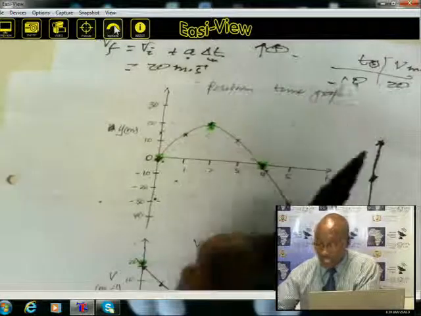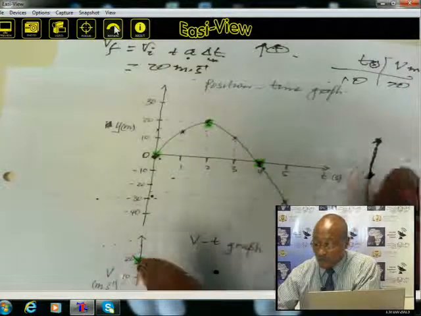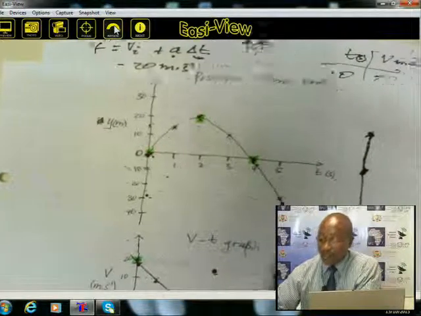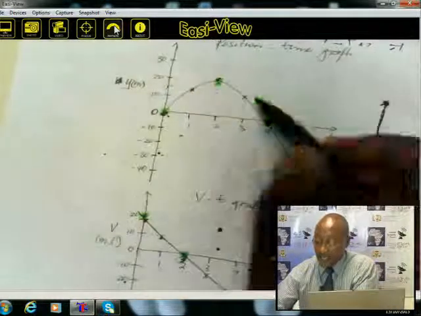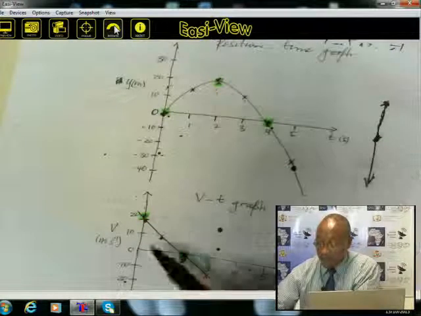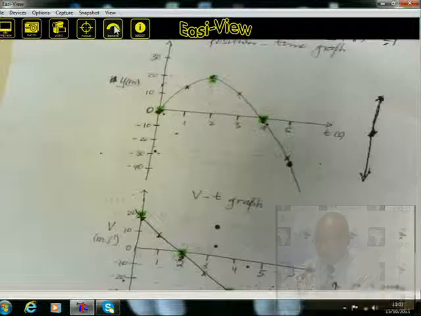If we were to use 9.8, then we would not have simple whole numbers that can fit into the graphs. So this is just an example so that we can look at the pattern, the nature of the graph of the position time graph, the velocity time graph, and the acceleration time graph.